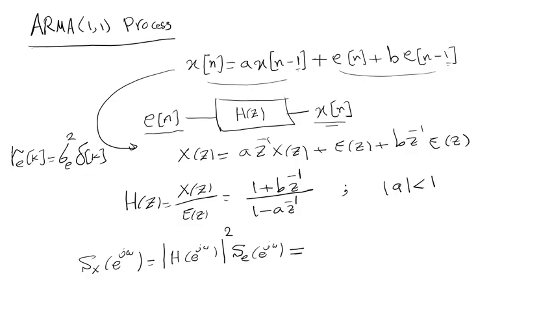So we have |1 plus b e^-jω| over |1 minus a e^-jω| squared times sigma squared e. This is the spectrum of ARMA 1 and 1 process.